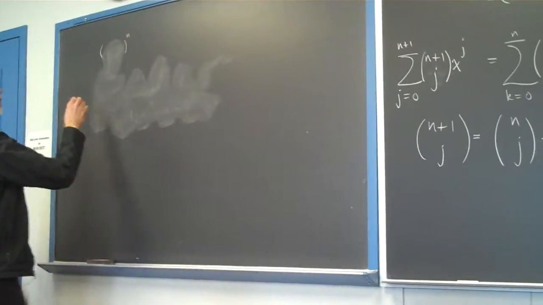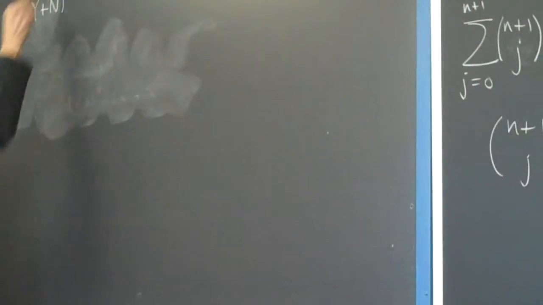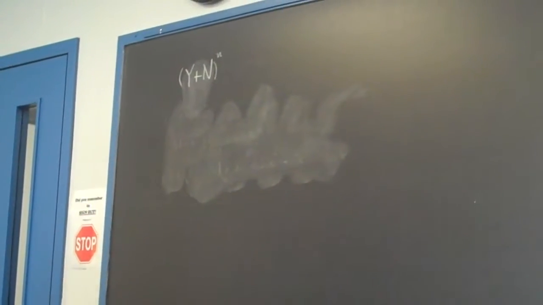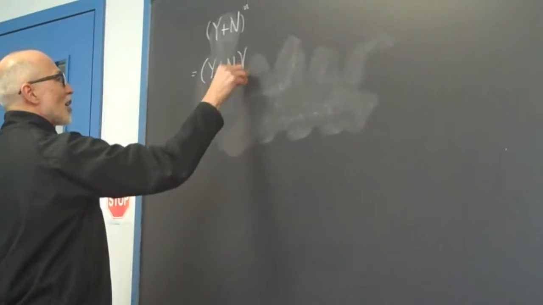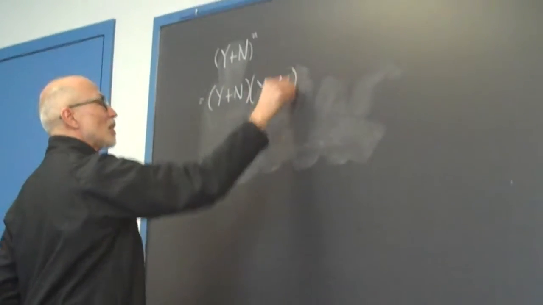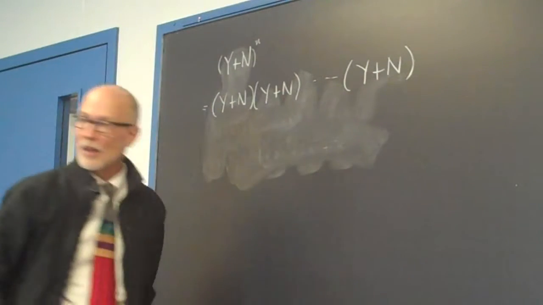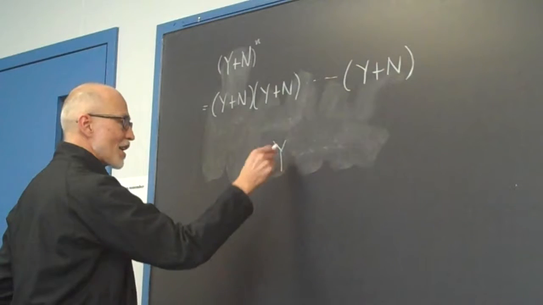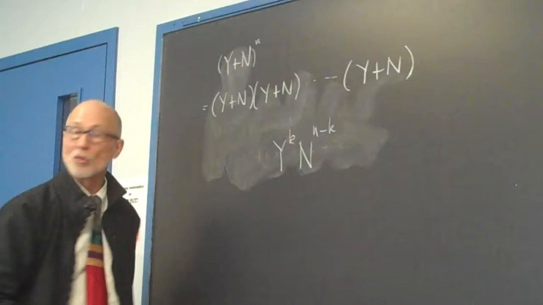So I'd like to take the binomial y plus n, and this is for yes or no. If I write this out as yes or no times yes or no, yes or no, then when I pick out something that has, say, k yeses, it'll have n minus k no's.